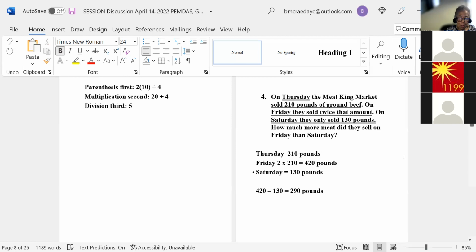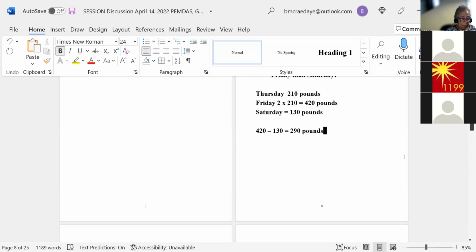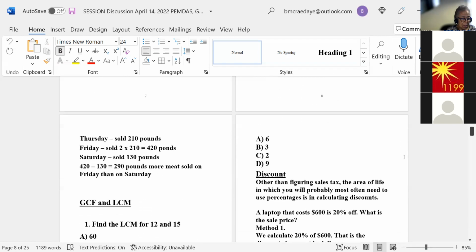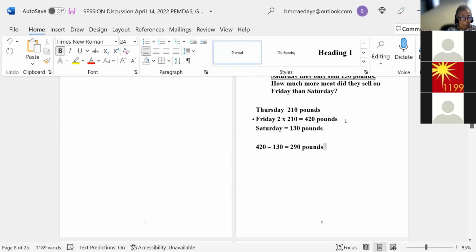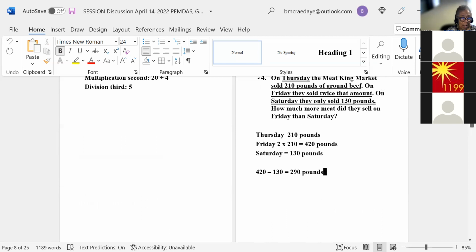Yes. All right, 290 pounds. So 290 pounds more meat on Friday than on Saturday. That should be your answer, 290 pounds.